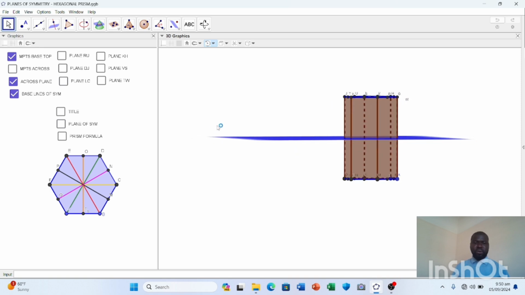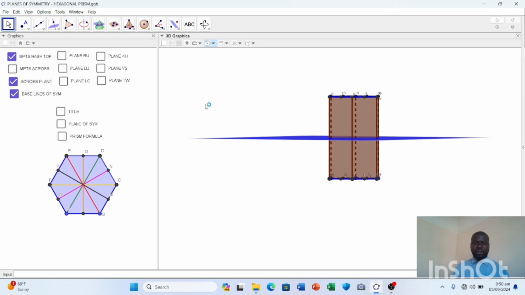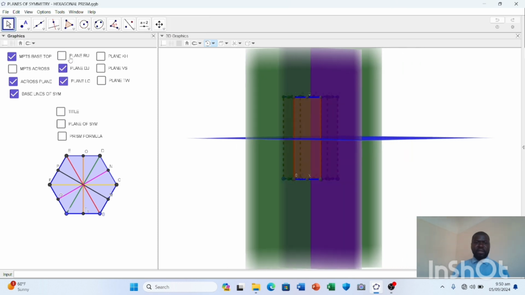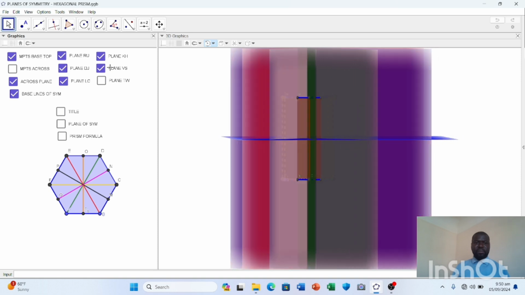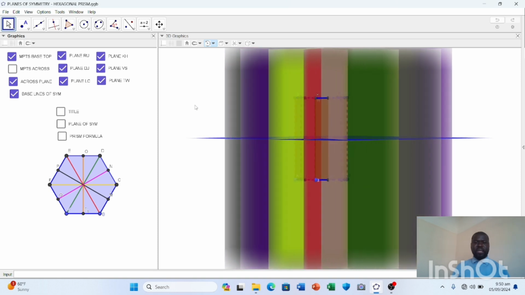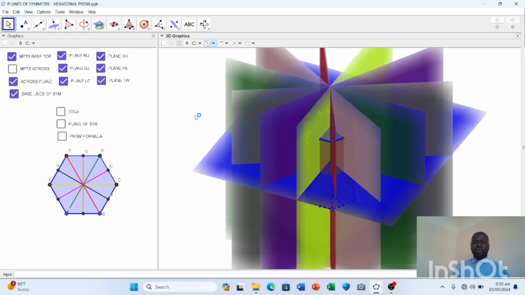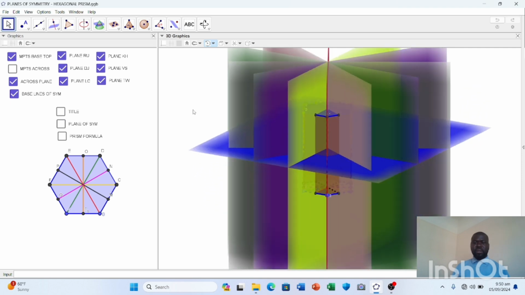So all in all, this regular base hexagonal prism has 7 planes of symmetry. Like we said, 6 from the base to the top plus 1 in the middle.